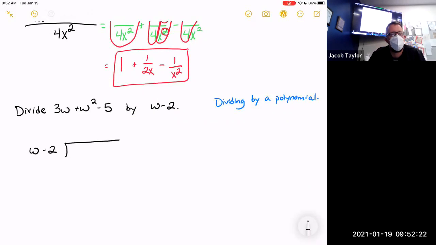The 3w squared minus 5 is in the wrong order. We want to go from the biggest exponent to the smallest, in descending order. So I'm going to do w squared plus 3w minus 5. So it's always an exponent first, exponents in descending order from biggest to smallest.